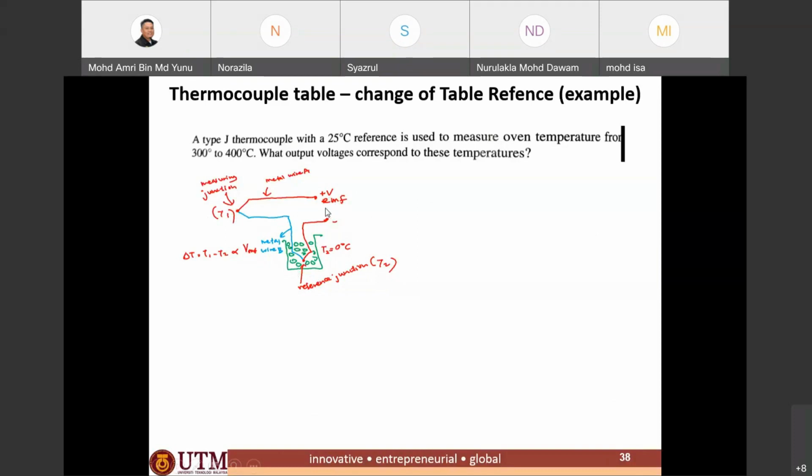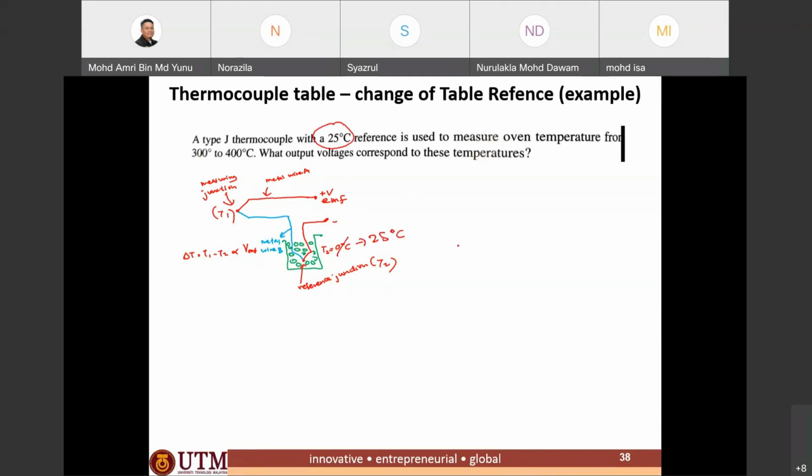The output EMF at the terminal will be proportional to the temperature difference between T1 and T2. In the given standard table, the reference value is at 0 degrees Celsius. In this case, T2 has been increased to 25 degrees Celsius.